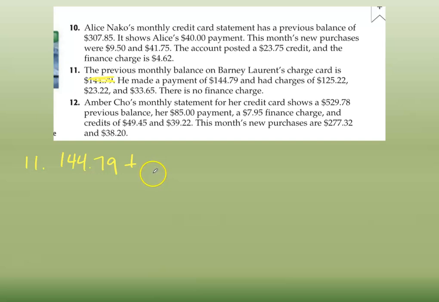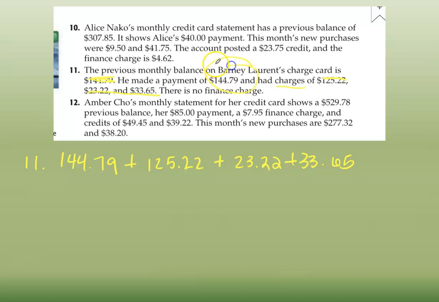Then it says I'm going to add new purchases. So these are the charges, our new purchases. So I'm going to add 125, and I'm going to add 22 and 3365. So even you could do that, and I'm going to take this and this and this and cross them out, no finance charge.